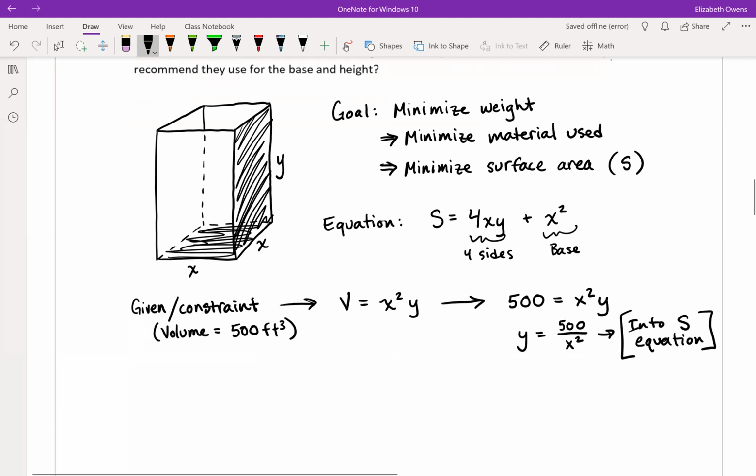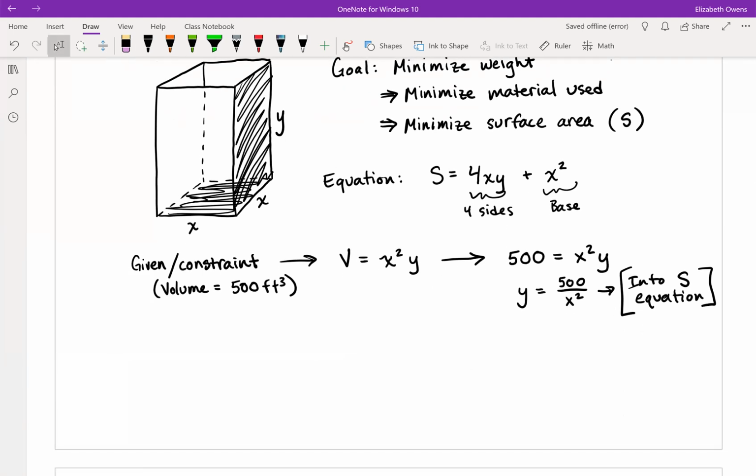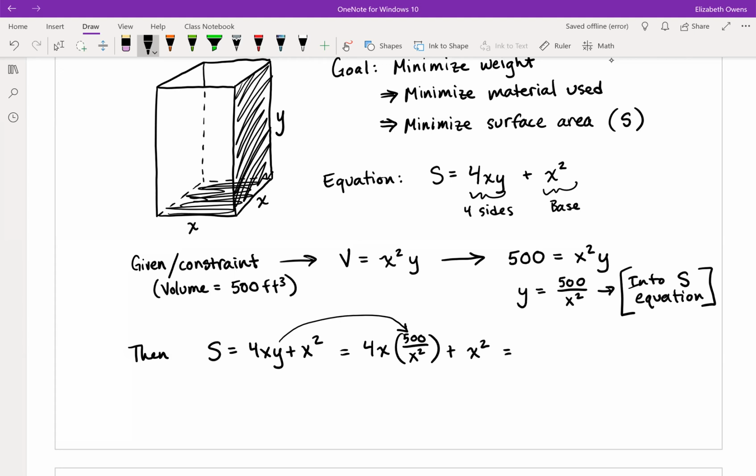Okay, so let's do that. S is going to equal 4xy plus x squared, but we just found out that y was 500 over x squared. So that's 4x times 500 over x squared, going in for y right there, plus x squared.